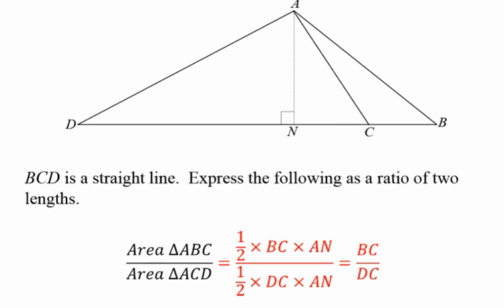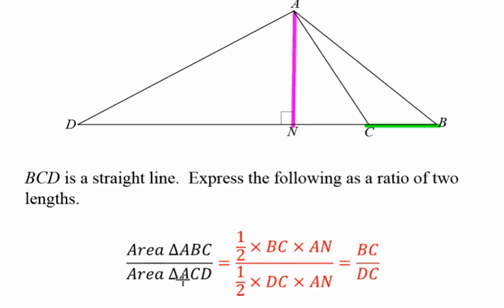I'm taking BC as my base. So it's half times base times perpendicular height or altitude. There's my altitude because it's perpendicular to my base, and in this case it's outside the triangle. That's the area of triangle ABC.